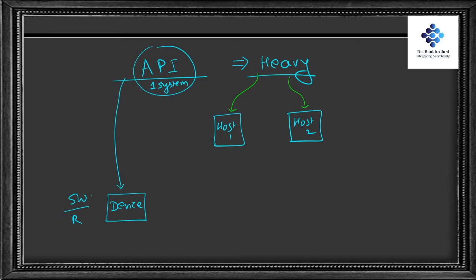And when you are doing it, it means you need some communication between them, and that's the reason there would be a requirement of a network, meaning they should be interconnected. At the same time, this API should be HTML based so that they can talk effectively.